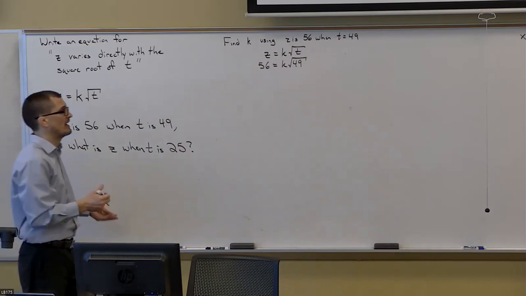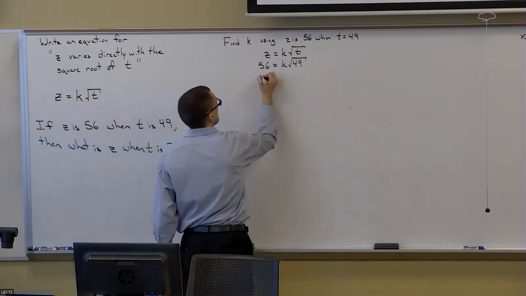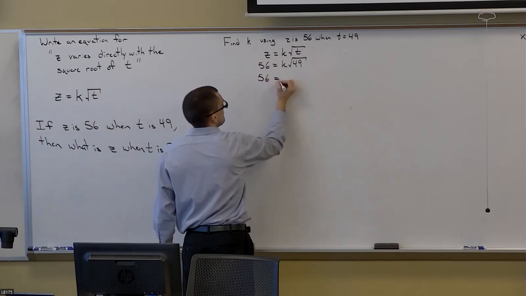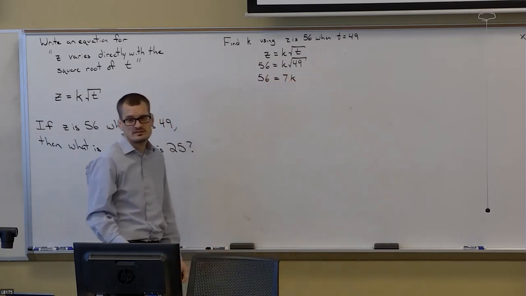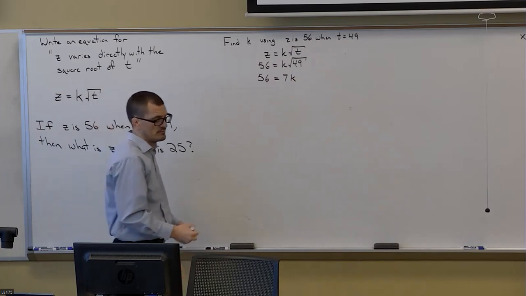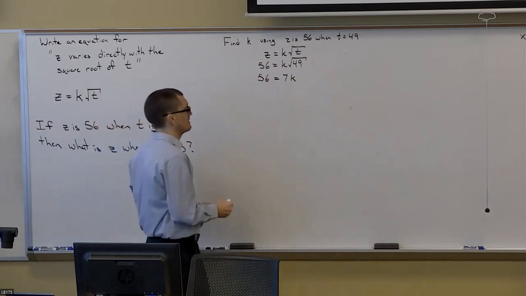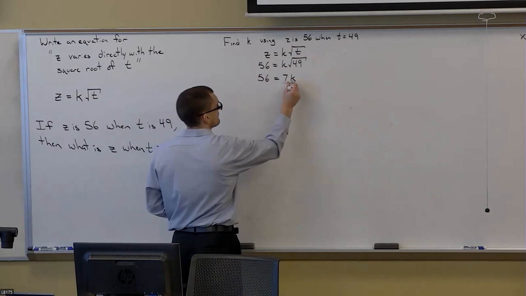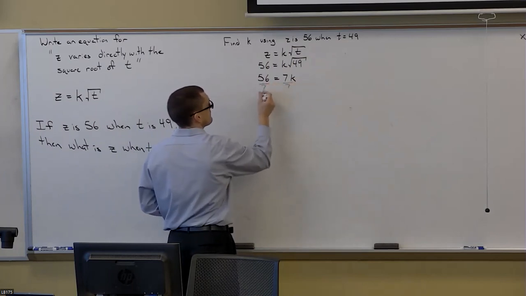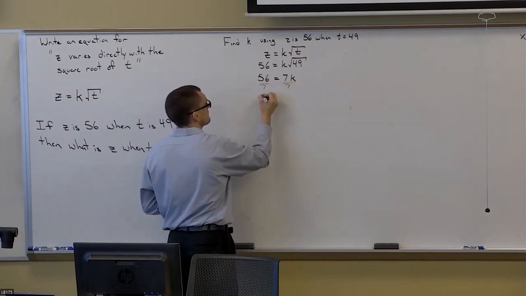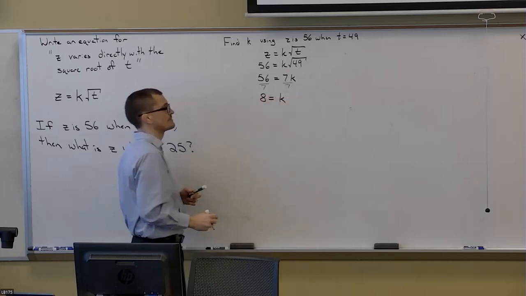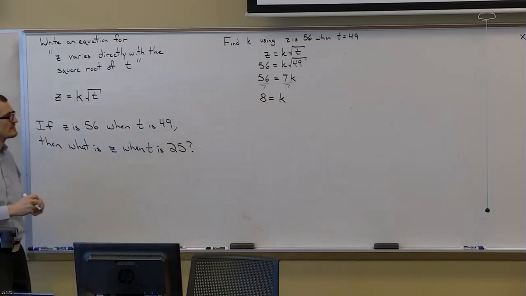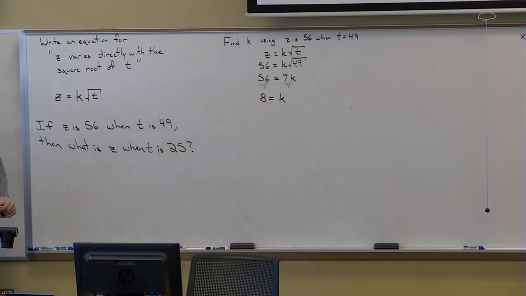I find my value of k: square root of 49 is 7. Divide both sides by 7, you get k is equal to 8. All right.